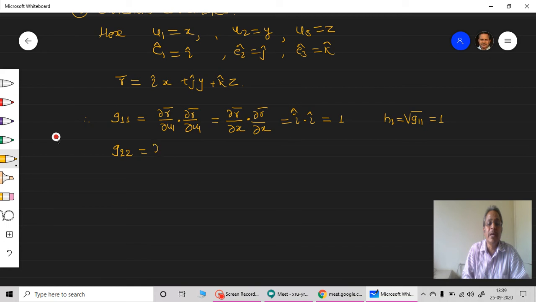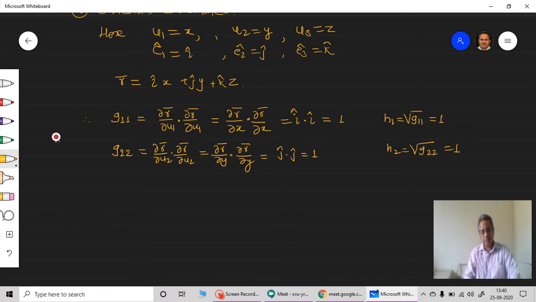G22 is given by del r bar upon del u2 dot del r bar upon del u2. We are repeating these things. Okay. So it is del r bar upon del y dot del r bar upon del y. Now this product gives you j cap dot j cap, that is also 1, and therefore H2 in this case is again root of G22, and that is 1.